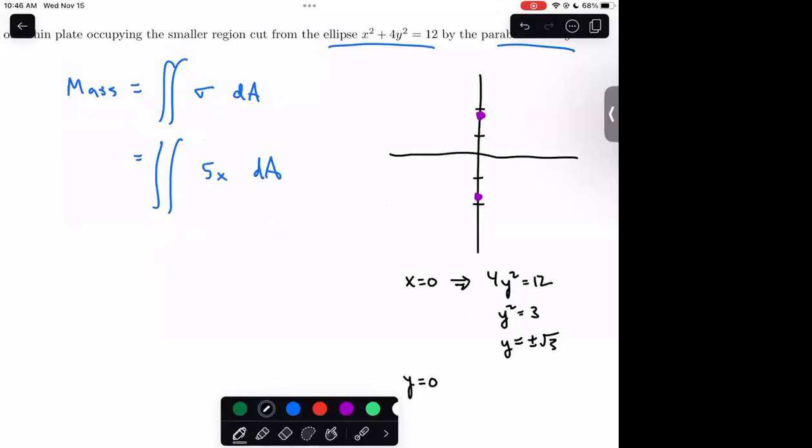Likewise, if I was to do y equals 0, again, just getting my vertices here, and plug that in, I would get x squared is equal to root 12. Oh, sorry, I'm ahead of myself. X squared is equal to 12. So x is equal to plus or minus root 12. So again, I'm just plugging these into my ellipse equation. This time, everywhere I see a y, I'm plugging in 0.